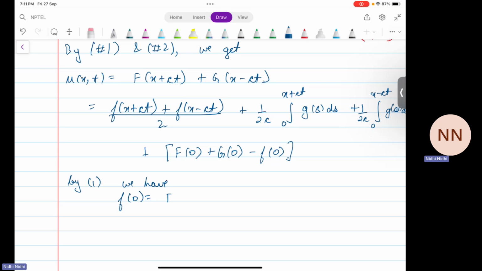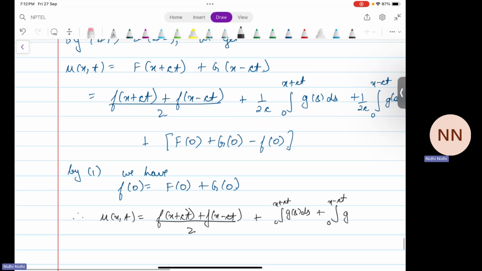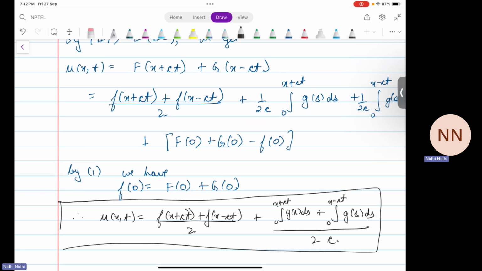Therefore, uxt is just fx plus ct plus fx minus ct by 2 plus integration 0 to x plus ct gs ds plus integration 0 to x minus ct gs ds by 2c. So this is the expression for our solution.